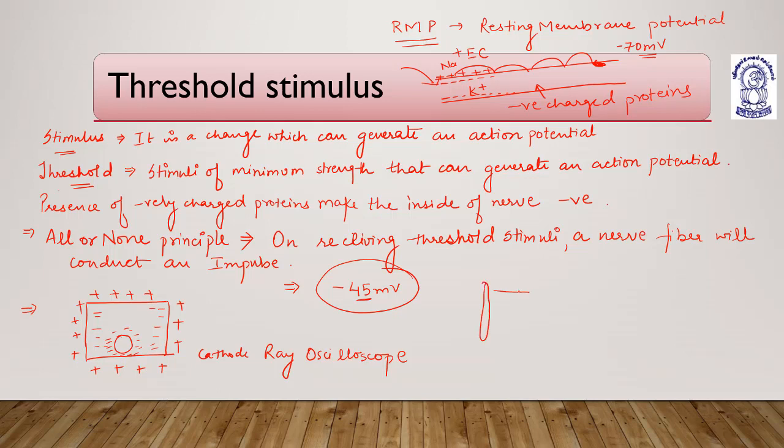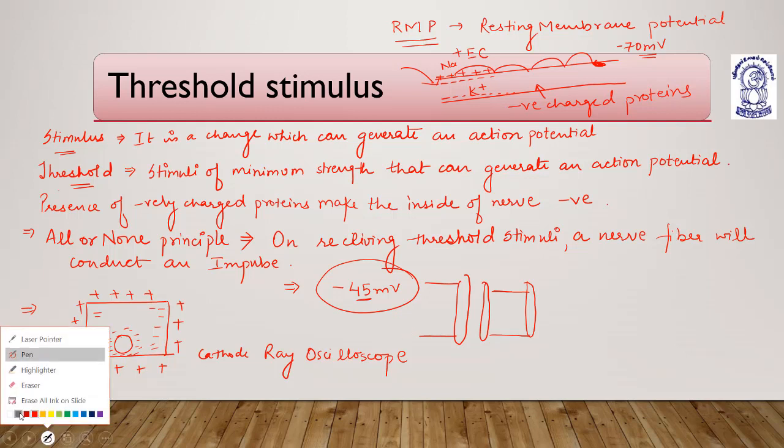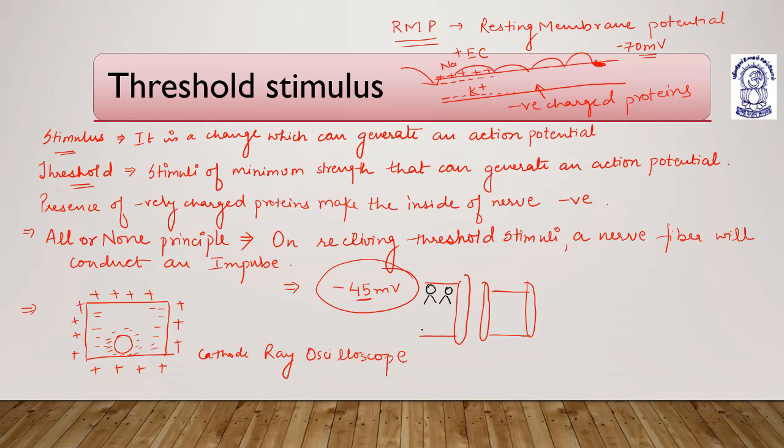Suppose these are the guarding proteins, the transporters. These are the phospholipid molecules.